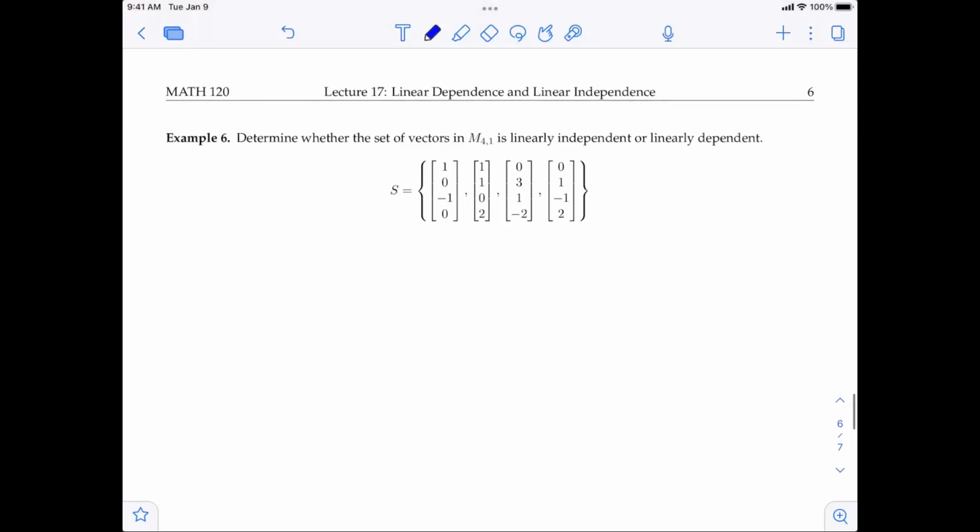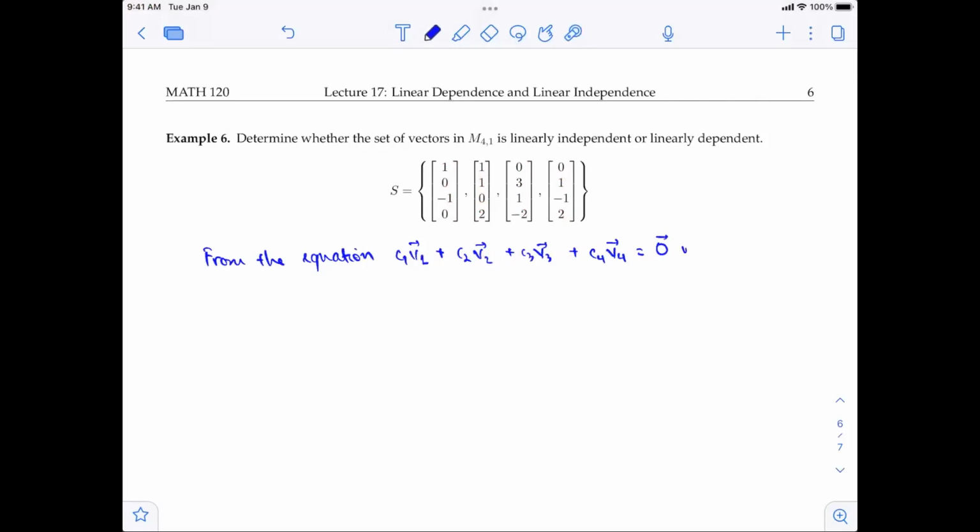From the equation, C1 V1 plus C2 V2 plus C3 V3 plus C4 V4 equal to the zero vector. So this is V1, this is V2, this is V3, and this is V4. All right, so we plug these 4 vectors into this vector equation.